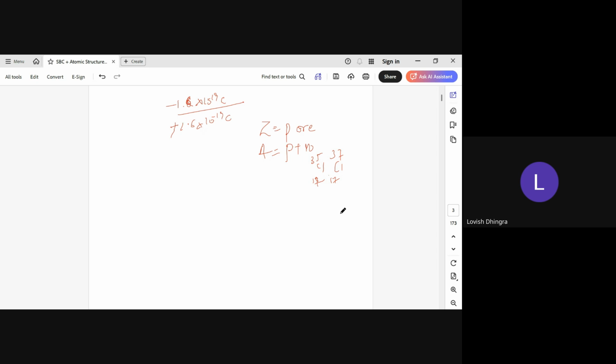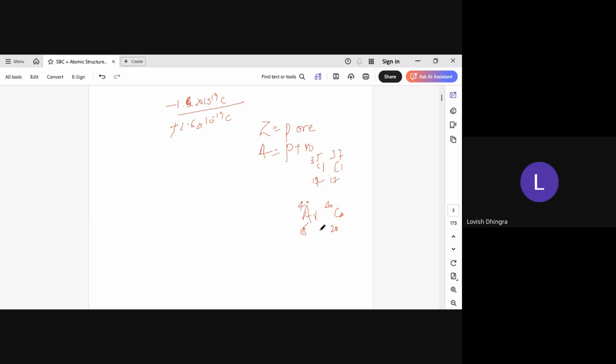For example, argon with atomic number 18 and mass number 40, and calcium with atomic number 20 and mass number 40. The mass number is the same but the atomic number is different. That is isobars.